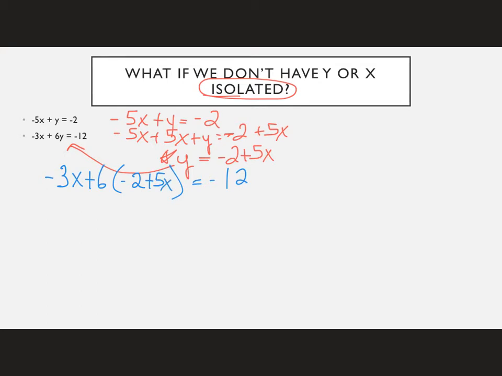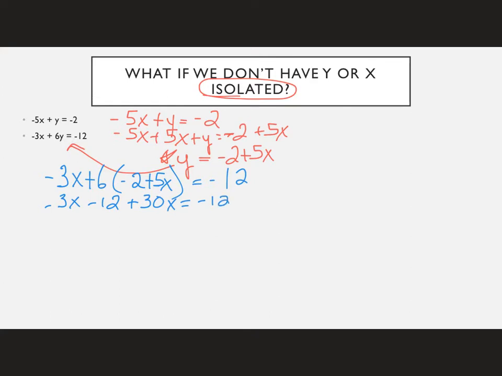So now I'm going to use my distributive property. I get negative 3x minus 12 plus 30x equals negative 12.